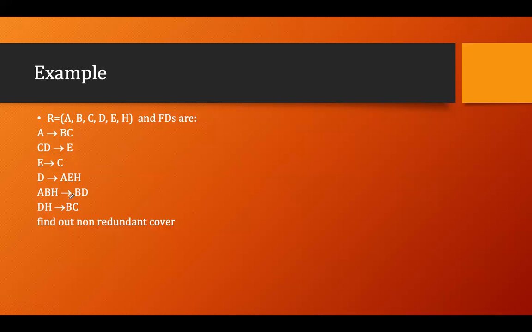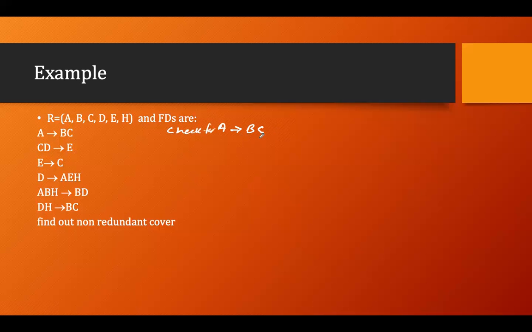We have to find out and we have to remove it. That's all. Now let's check one by one. So first check A determines BC. So we check whether A determines BC is redundant or not.